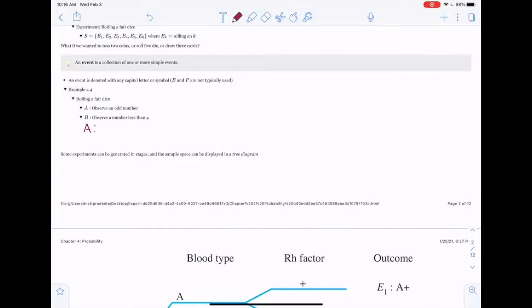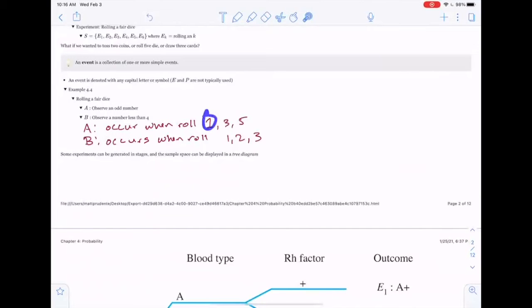If we're rolling a die, the event of observing an odd number, A occurs when we roll a 1, a 3, or 5, and B occurs when we roll a 1, a 2, or 3. Each of these are the simple events. This A is what we call an event because it's comprised of these multiple simple events.